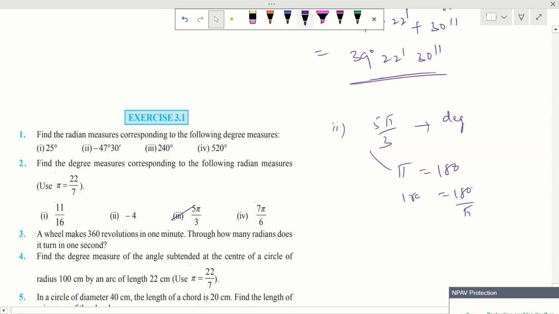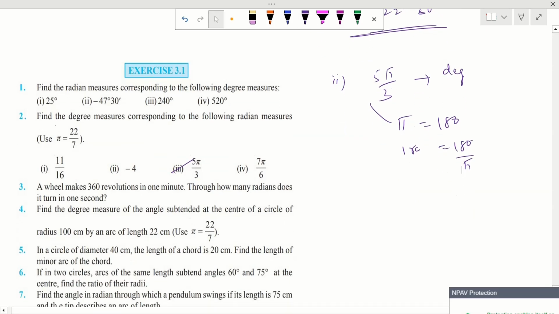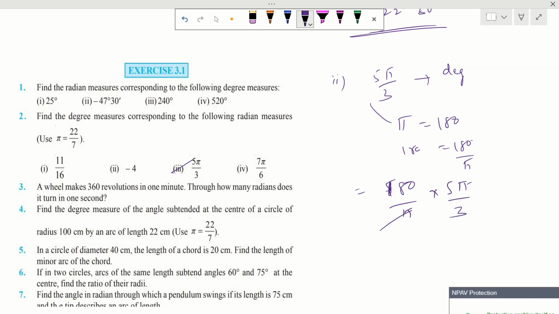If we multiply 180 by pi to this term, 5 pi by 3, then pi will get cancelled. It will be 5 times 180 divided by 3. 3 sixes are 18, 0, then 6 times 5 is 300. So this is 300 degree.